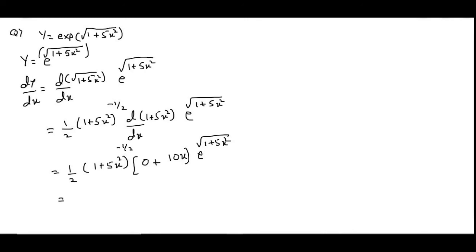And now finally we are going to simplify and rewrite: 2 under root 1 plus 5x square, 10x e raised to power under root 1 plus 5x square.